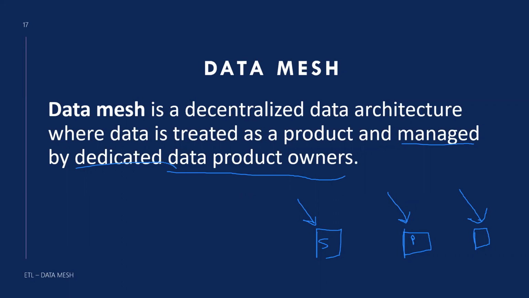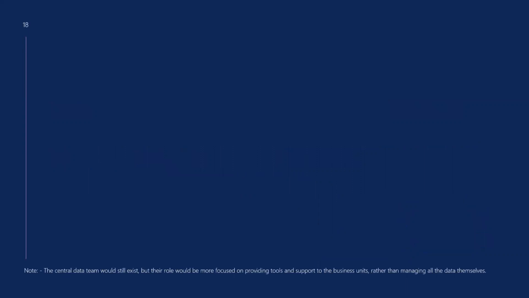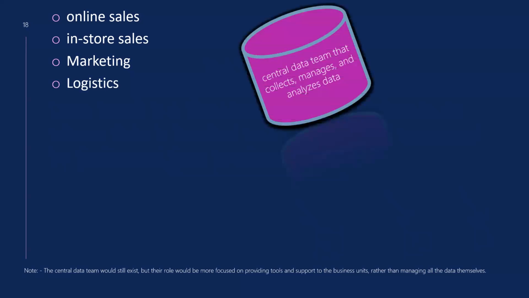So let's take a deeper dive and try to understand what it is. I will take an example of a retail company that has multiple business units, like online sales, in-store sales, marketing, or logistics. Traditionally, in traditional data warehouse systems, there will be a central data team that collects the data, manages this data, and analyzes this data.